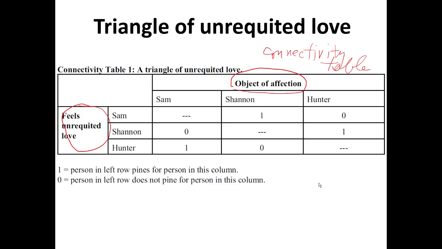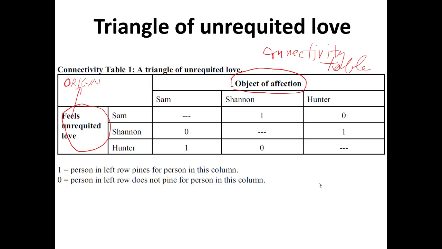One way I like to think about this, as somebody who originally learned about social network analysis from transportation geography, is to think that feels unrequited love is basically the origin for that relation. So, who is the person who likes somebody else? Origin.